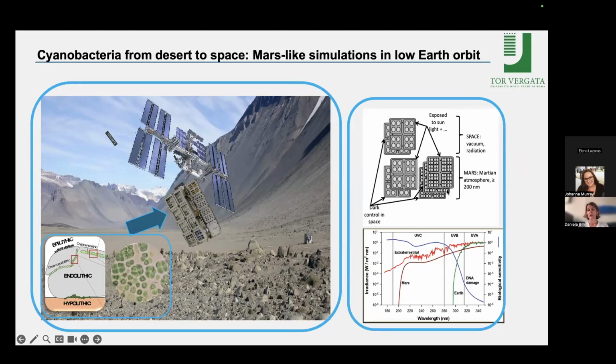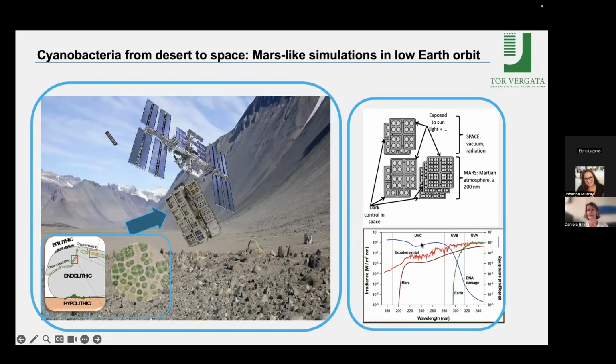Then we use a filter to let the UV light pass only from 200 nanometers on, to mimic the irradiation that is reaching the Martian surface, because there is no ozone, whereas on Earth we don't have UVC and UVB because we have the ozone, while in the extraterrestrial environment, of course, there is no ozone, so we have the full UV spectrum.